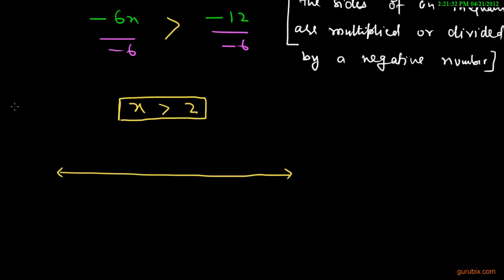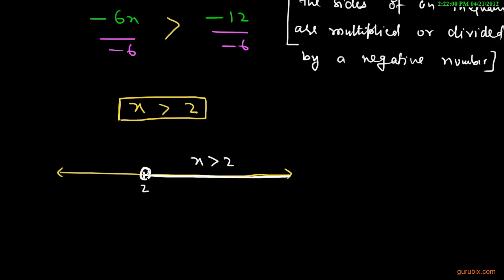Suppose this is a number line and here is a point 2 and x is greater than 2. This means all values greater than 2 are in the solution set of the given inequality, and this shows x greater than 2. And because x is not equal to 2, therefore 2 is not included.